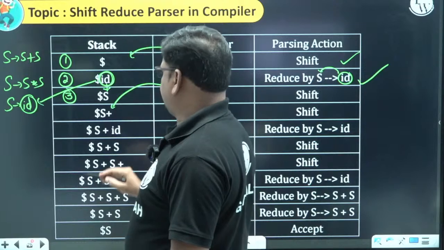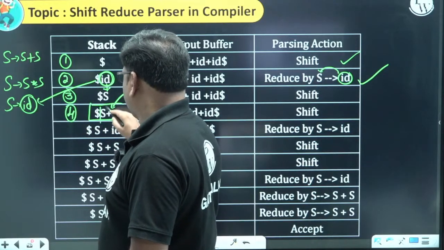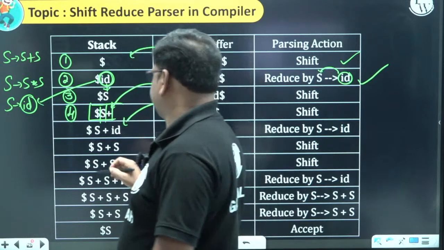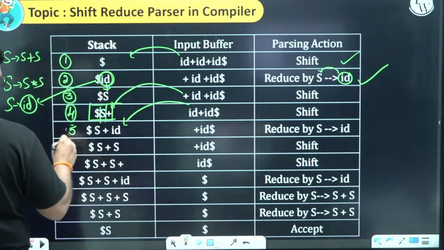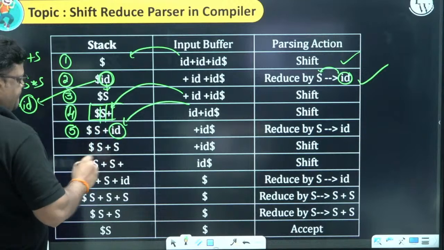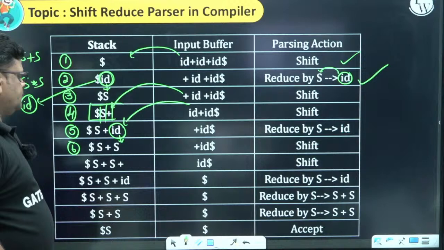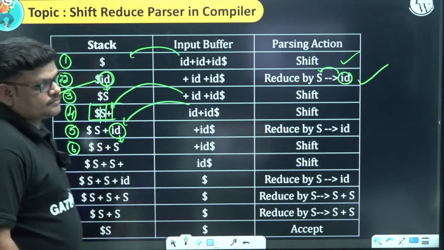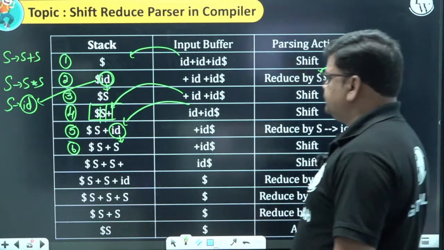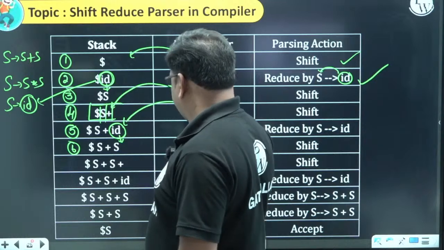Plus will be shifted. Now look from the top. There is no handle. Again perform shift. Now in the fifth step, this is the handle. Reduce to S. Like this, shift reduce only. Next, the sixth step, again perform shift.